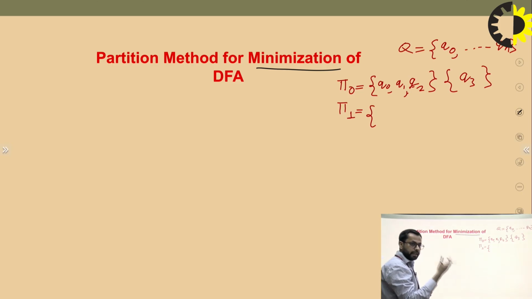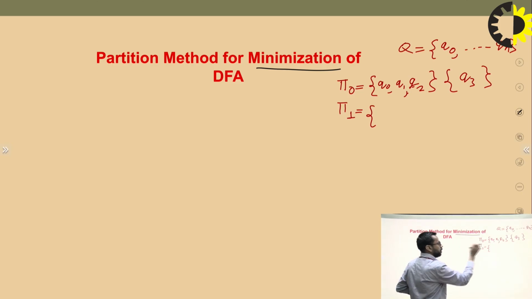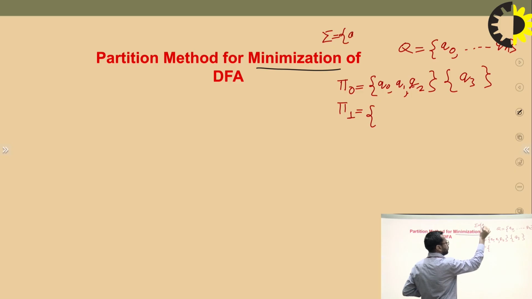What will be the next state in the transition table for Q naught and Q1, and check the value for the given input. Let's suppose the given input is A and B.